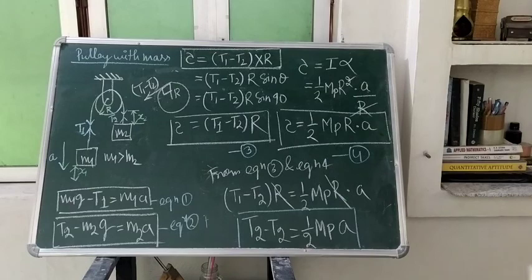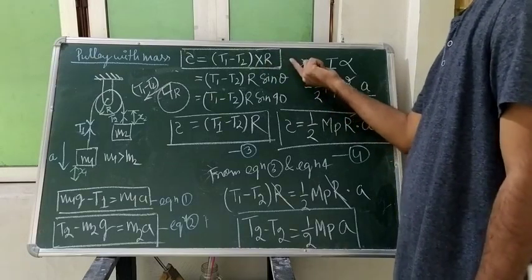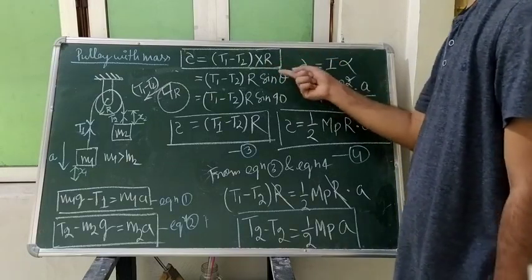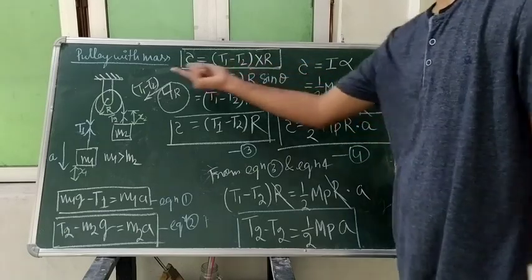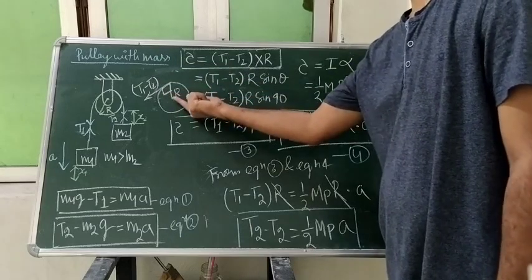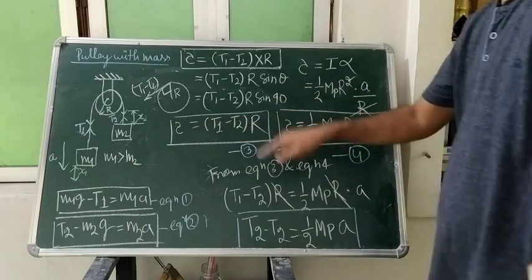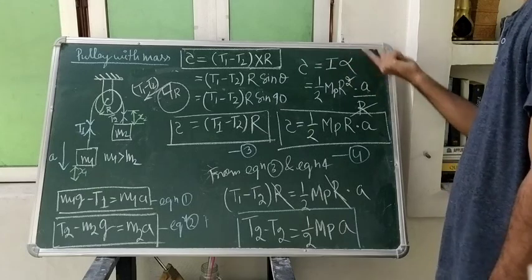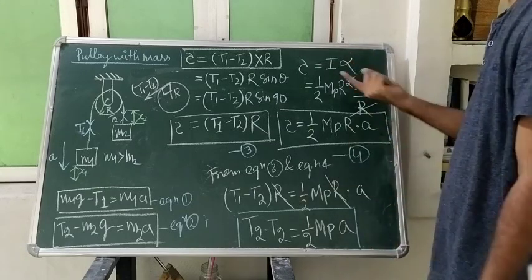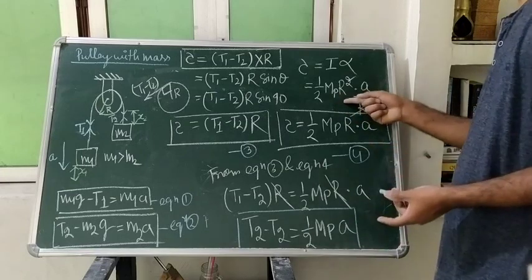Think. Tau is the cross product of force and distance. When you expand the cross product, sin theta comes, and since the angle between the force and the distance is 90 degrees, sin 90 becomes 1, and you get this expression for tau. Rotational motion tells us that tau should be equal to I alpha, where I is the moment of inertia. The moment of inertia for a disk is half times the mass into r square, which we have written here.